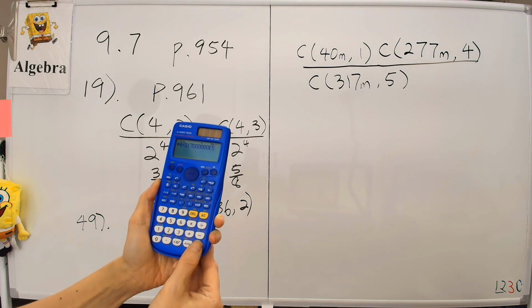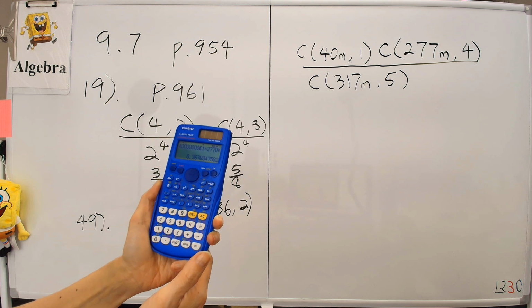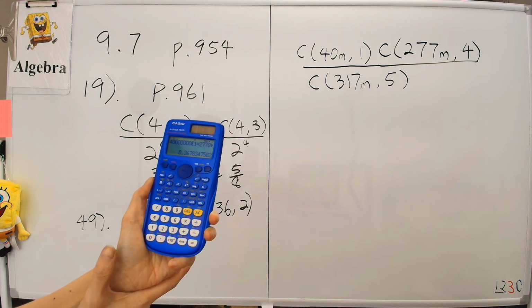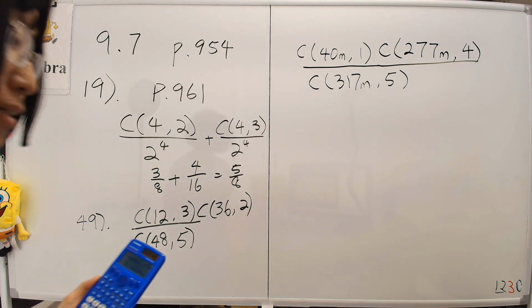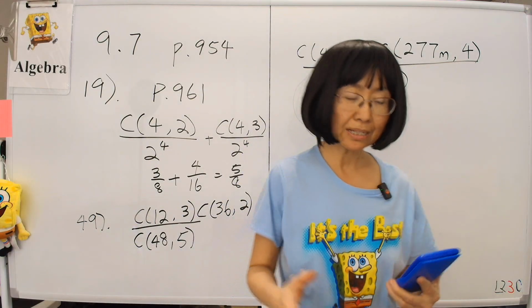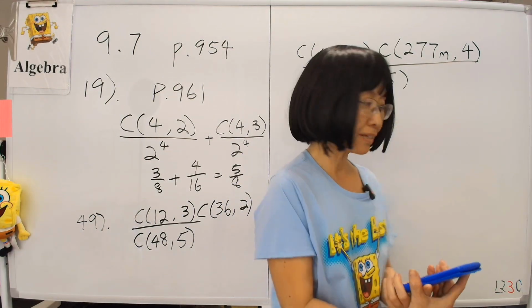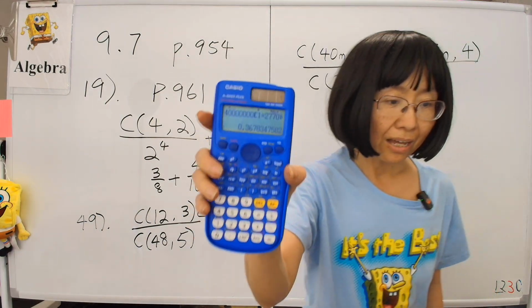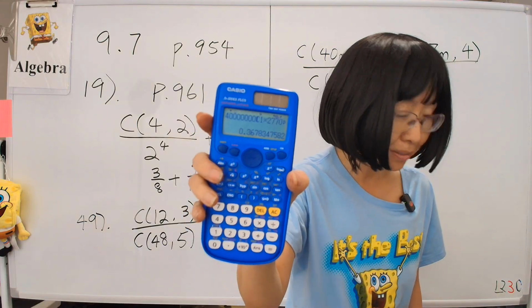I hope I typed in all the zeros right. Okay, so the answer is 0.36, or in percentage form, that'd be 36.78%. And that is, according to the book, correct.